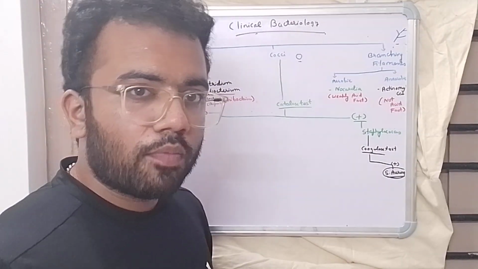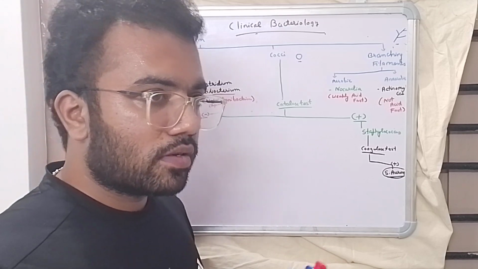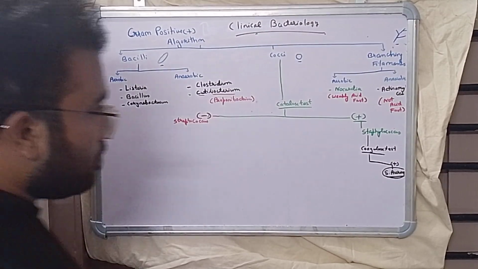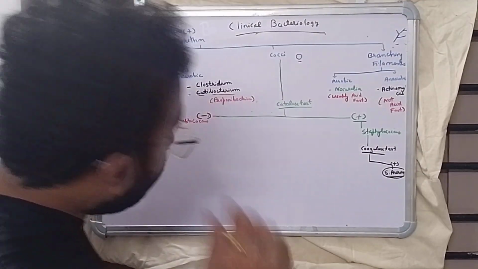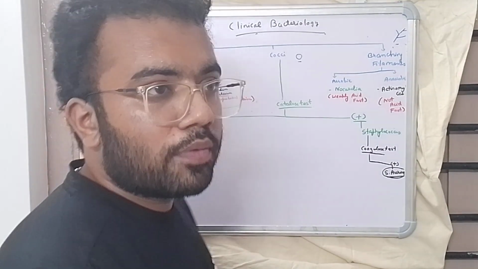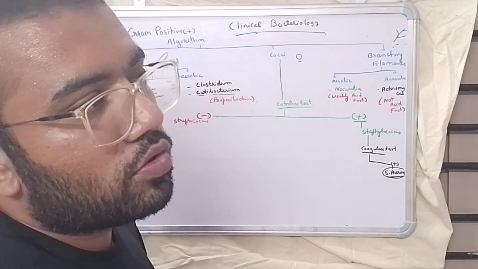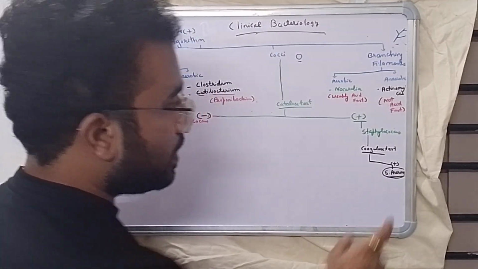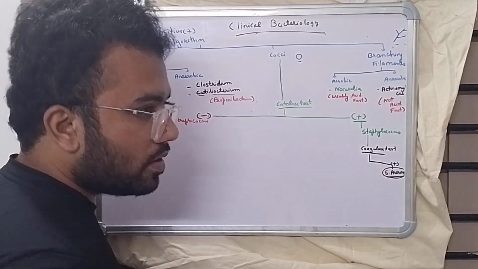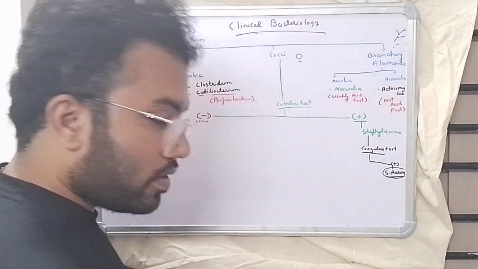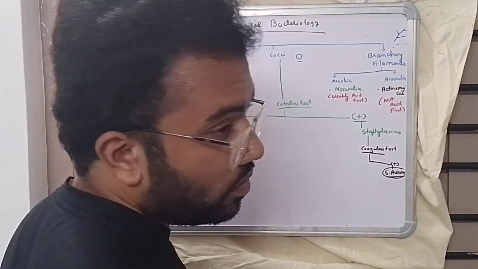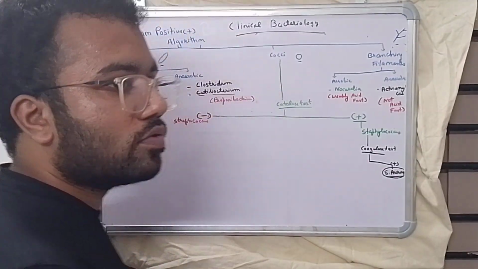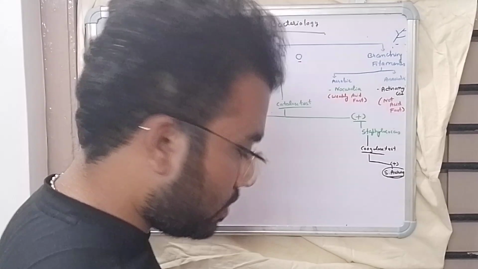It is the most common form and most widely considered as the causative agent of Staphylococcus infections. While others are more common in immunocompromised patients, this can also be present in immunocompetent patients. The majority chances are that you will find this bacteria, and it is the most important bacteria for university exams and also for the PG entrance exam. They ask more questions about S aureus, its characteristics, treatment, and diagnosis.